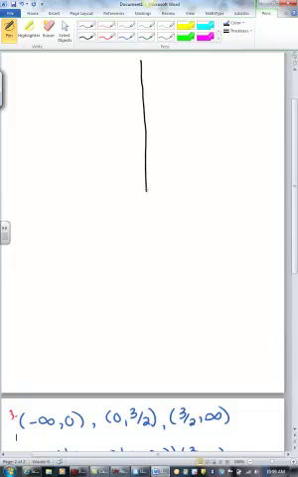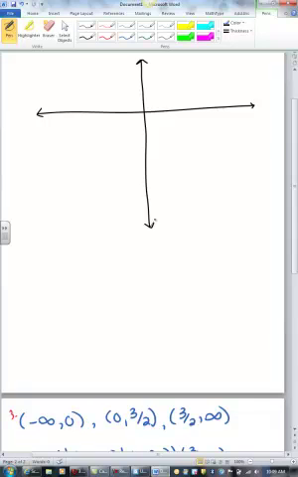I've got my x and y axis, and I'm going to make it like this, because originally when we sketched the graph, we said it was going to be decreasing as x approaches infinity and decreasing as x approaches negative infinity. So I know that my end behavior is going to be going down towards negative infinity. So chances are I'm going to want my x-axis lifted.